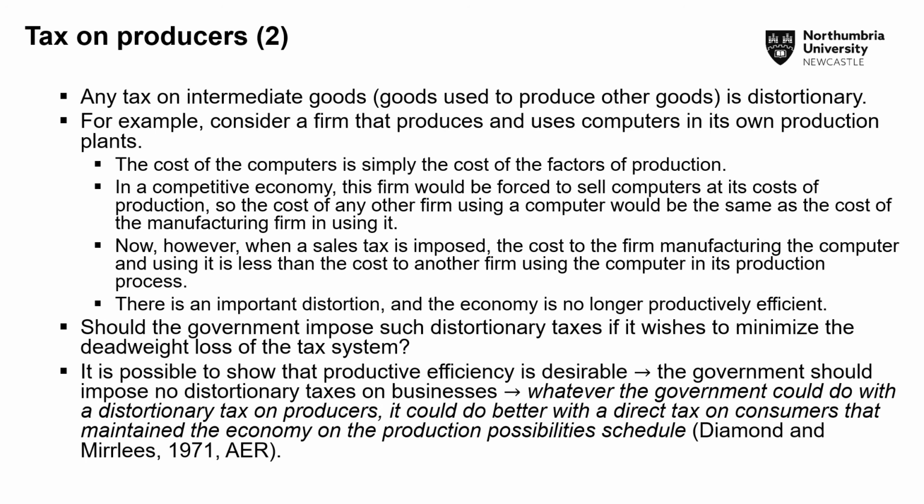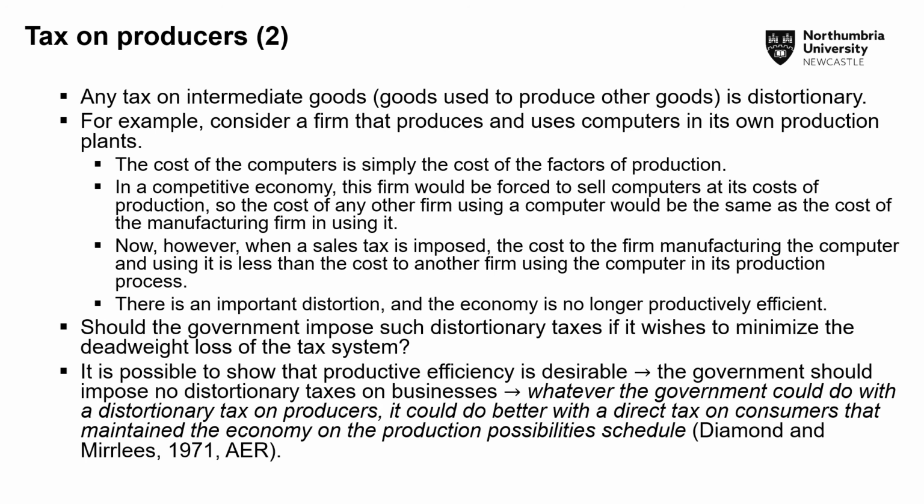Whoever is using that computer in their production process and purchased it subject to a tax now has higher costs of production that reflect that tax. So whatever they are using that computer to produce is no longer the sum of the cost of its factors. And hence, what we have is a distortion.